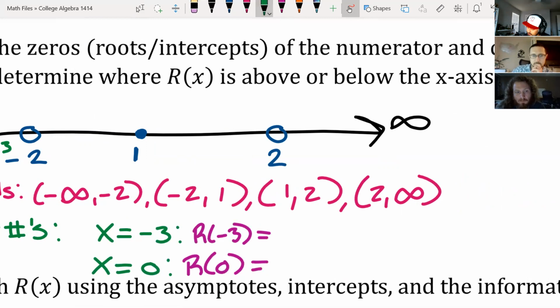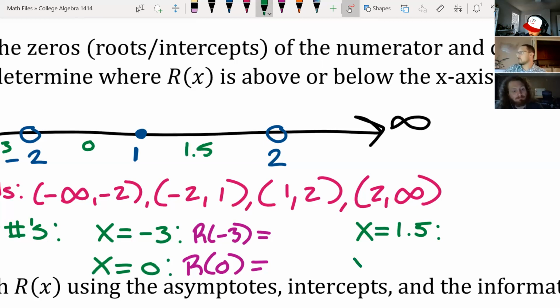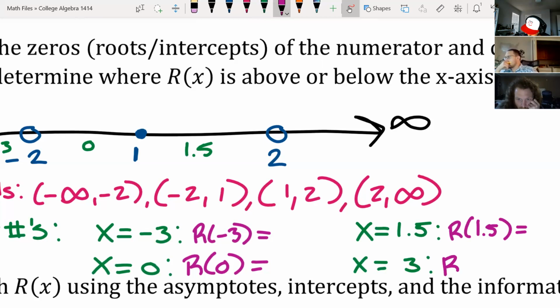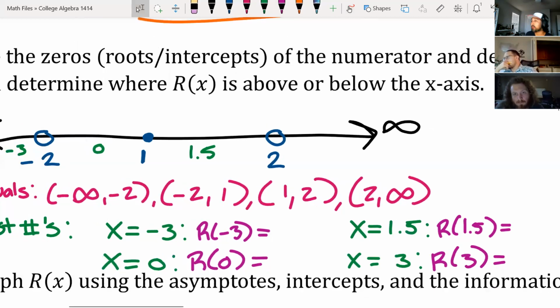I just want my last two test numbers. Give me a number between 1 and 2. 1.5. And then give me a number between 2 and infinity. 3. There you go. Okay. So there's our test numbers.